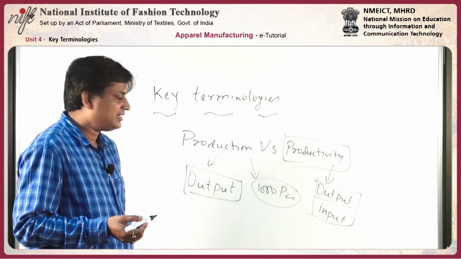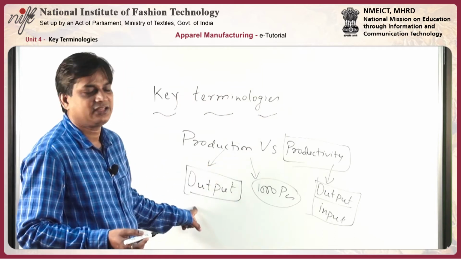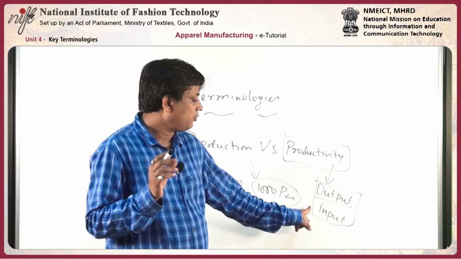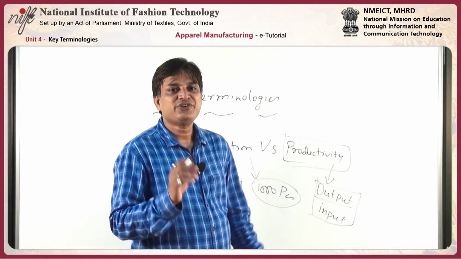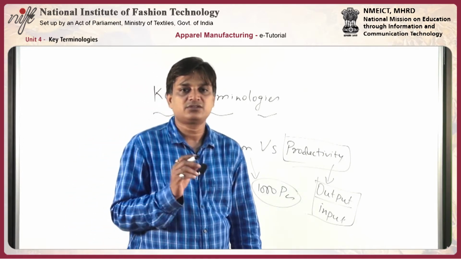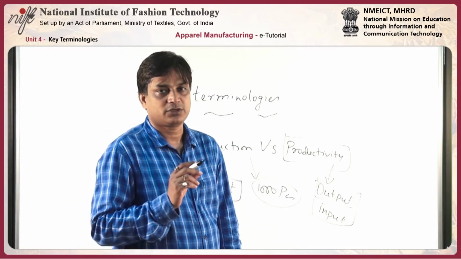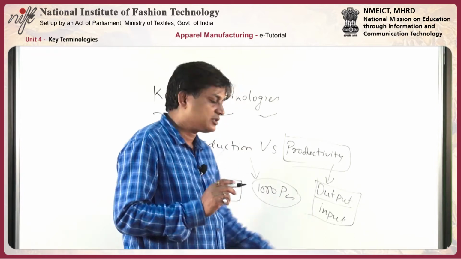Now, we have discussed that production is nothing but output. So, how many pieces we are producing, that is the output. Now, what is the input? Input refers to all resources that have been used in producing the output. So, what are the resources we are using?